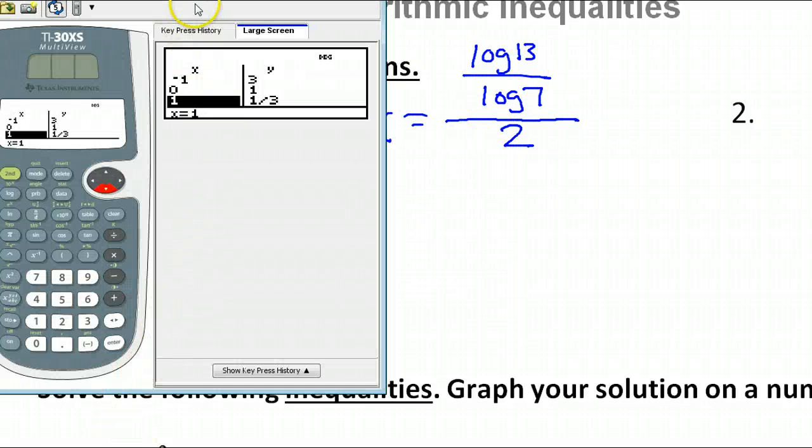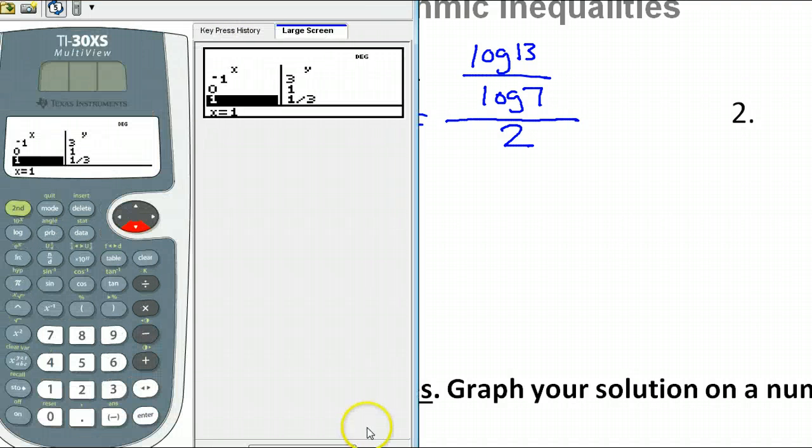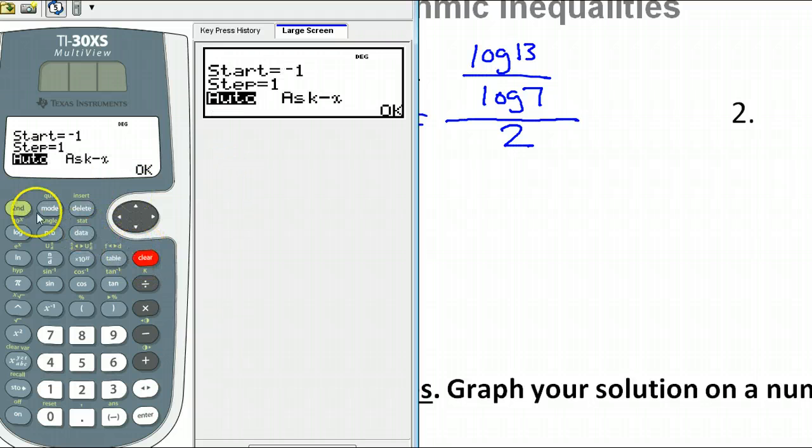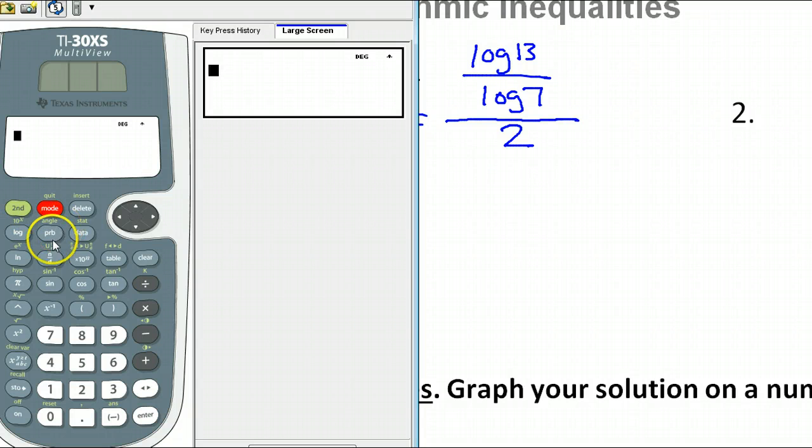Now I like to type these things in all at once. Some people don't. Alright, so obviously I have a fraction. In the denominator, I've got 2.